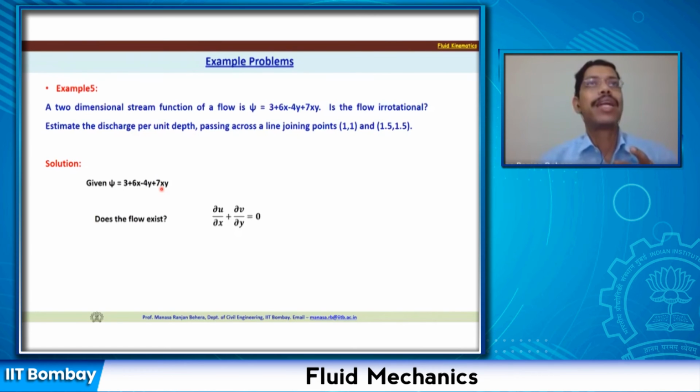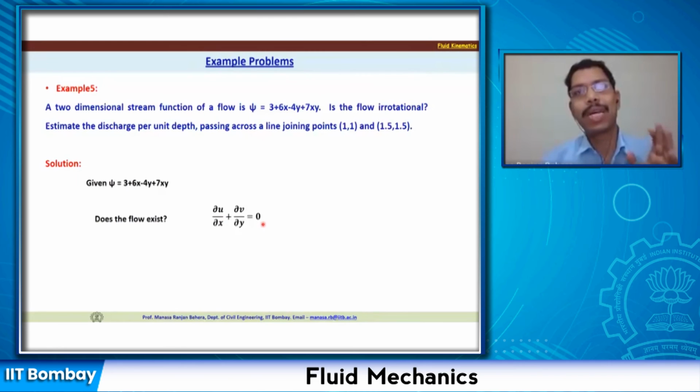When you take dou u by dou x of minus 4 plus 7x, you will get a value of only 7. So from here, if you find u and v and substitute here, that will become equal to 0, and that says this satisfies the continuity equation.